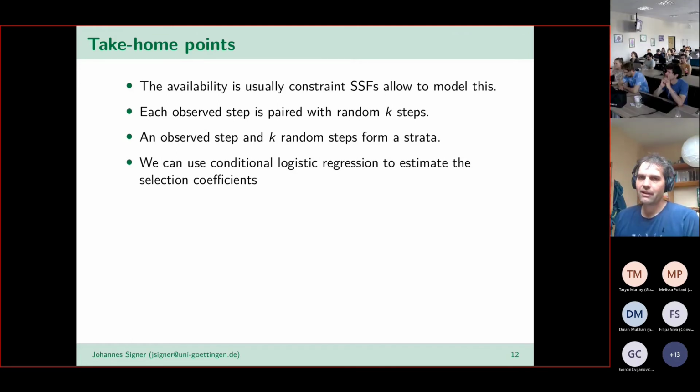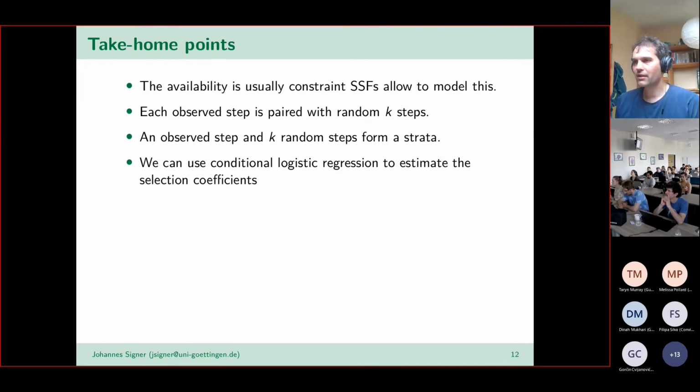One observed and k random steps form what is called a strata. I didn't introduce that yet, but each step forms a separate strata. Hence, we have to use this conditional logistic regression that we then use to estimate selection coefficients.